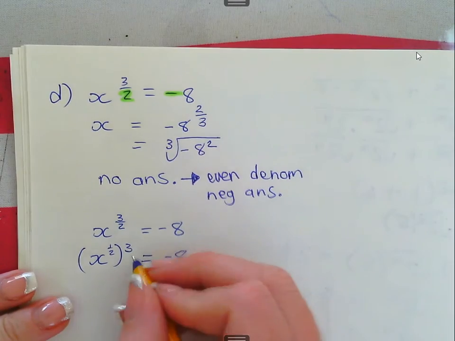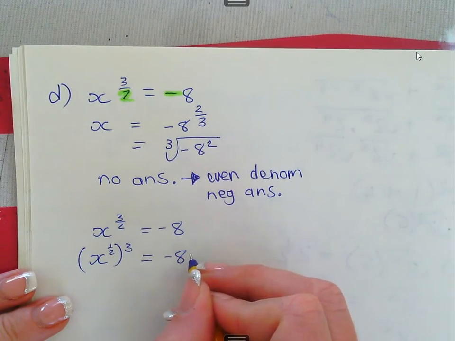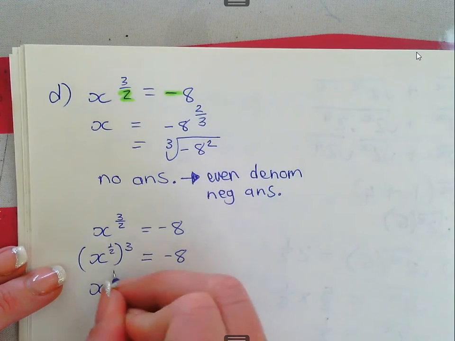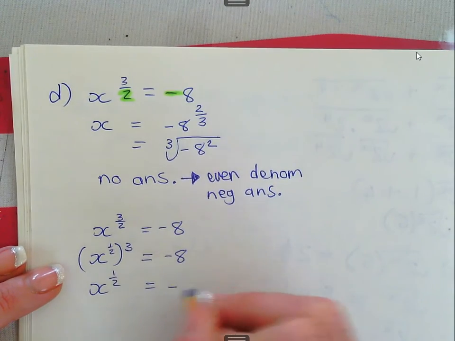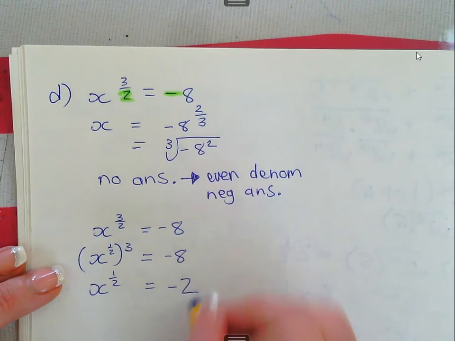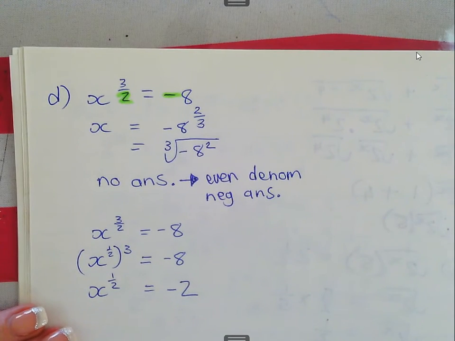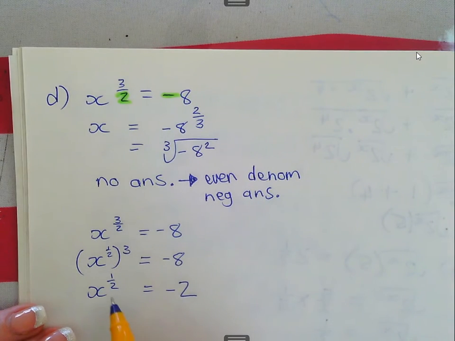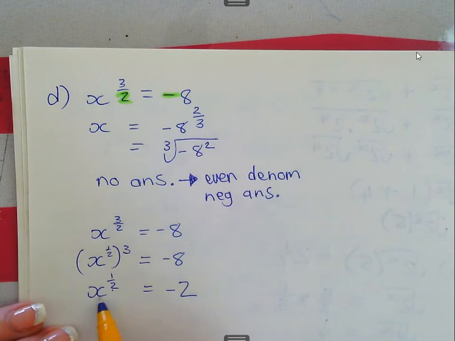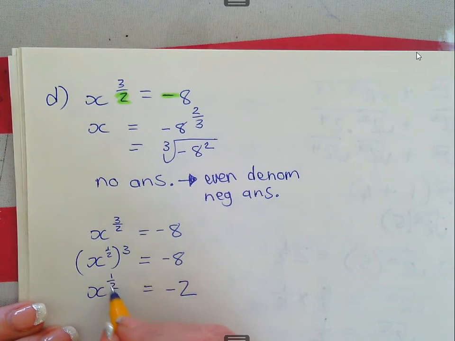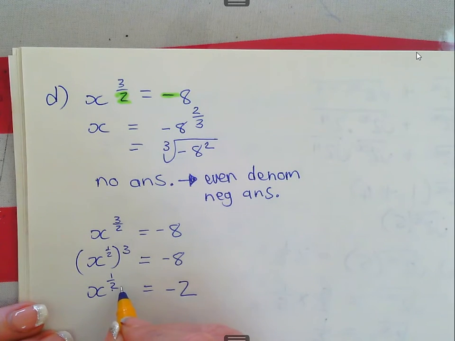So what I do now is I take the cube root on both sides, and I'll have x to the power of a half equal to negative 2. Now do you see the calculation I'm doing here is taking a half, taking a square root, and getting a negative answer.